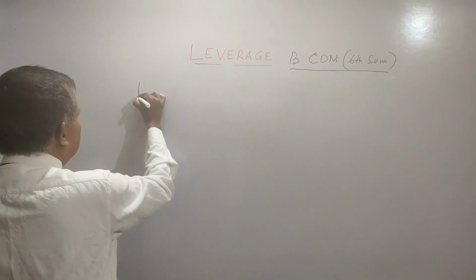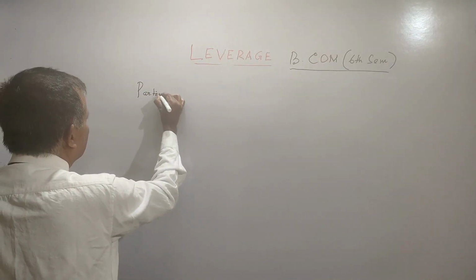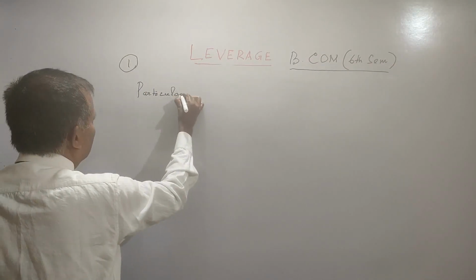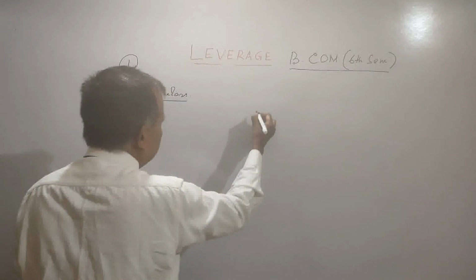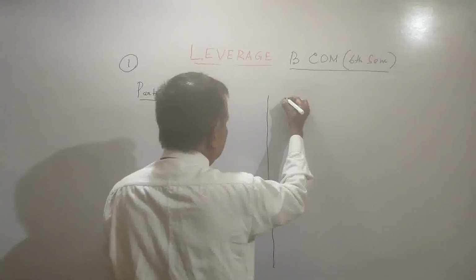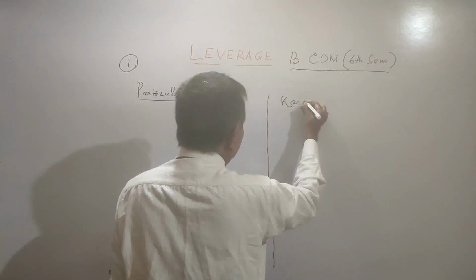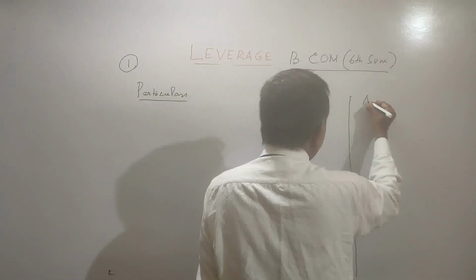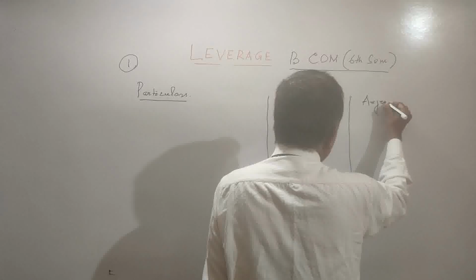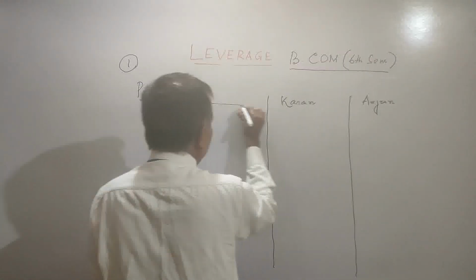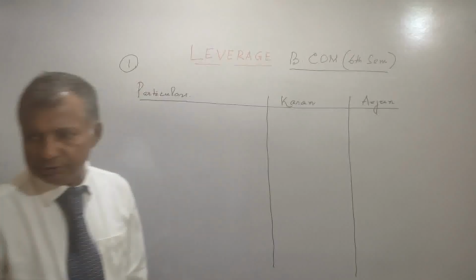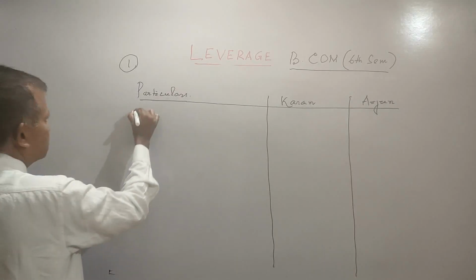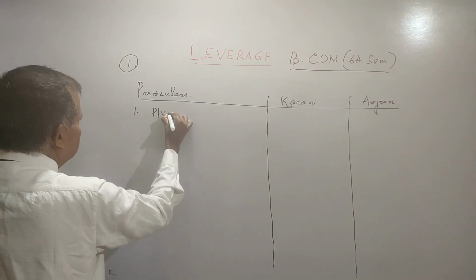This is your particulars. This is firm Karan. This is firm Arjun. Right? So if we take here, the first one is your PV ratio.